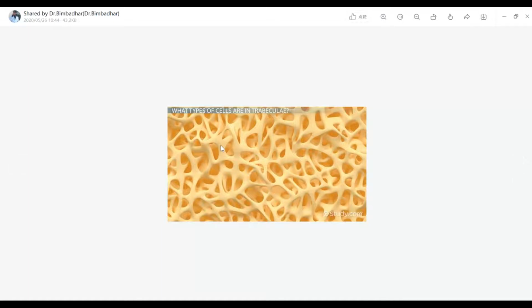The second situation is that the surrounding structure is completely normal, but this structure became white due to increased density, increased deposition of calcium. Such a thing is happening in hyperosteosclerosis. As simple as that, so do not confuse.